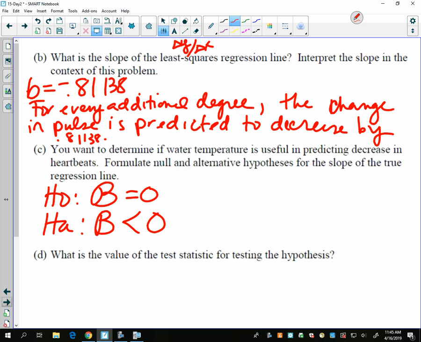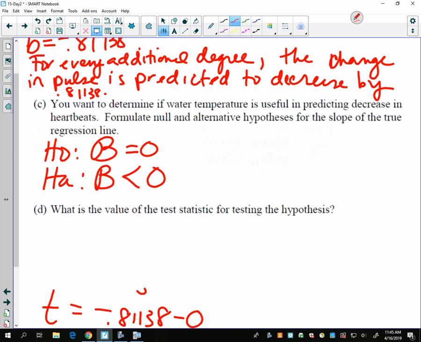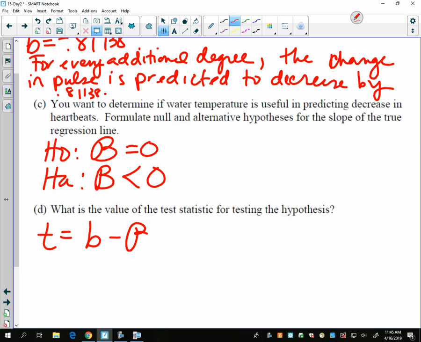Okay. Now, what is the value of the test statistic? So the test statistic, again, is T equals little b minus big B over SEB. I'm just going to show you how to do it just in case.